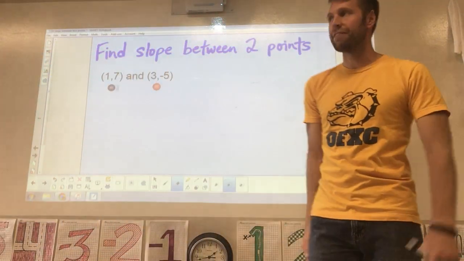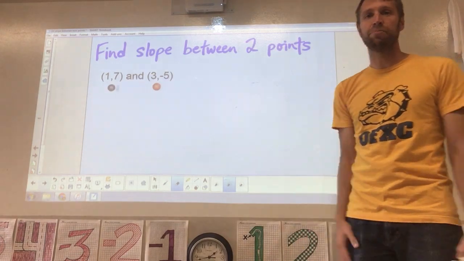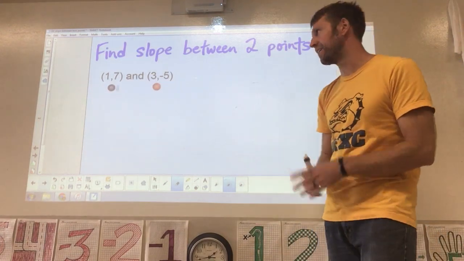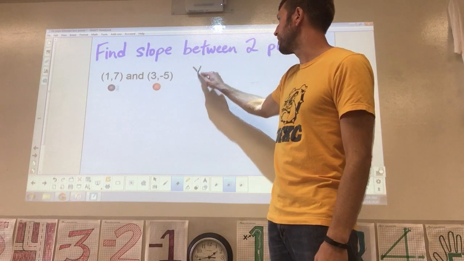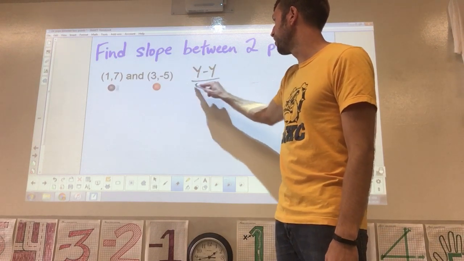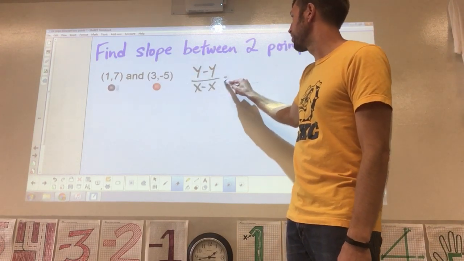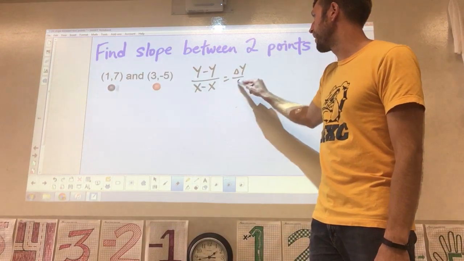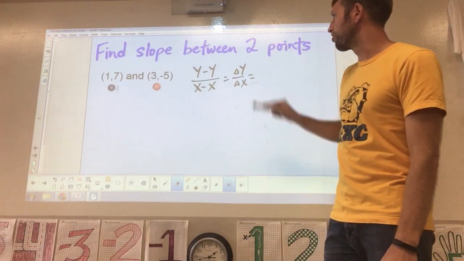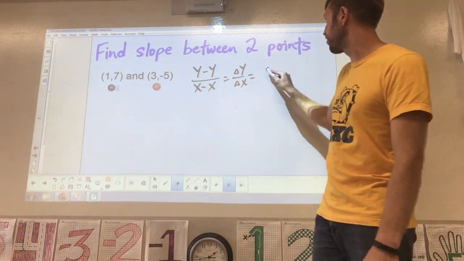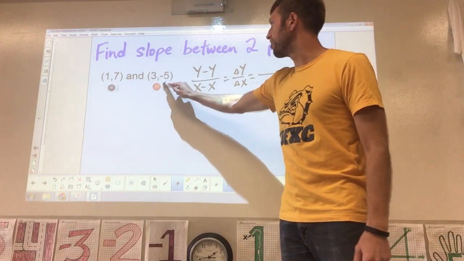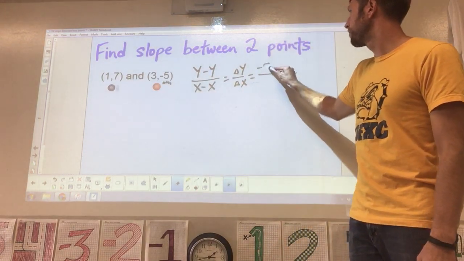On this one, we don't even have a graph. We have some negatives. Maybe we're worried about plotting the negatives. No worries at all. We take y minus y over x minus x. Remember, this is your change in y over change in x. Take your newest y value, which is the negative 5.